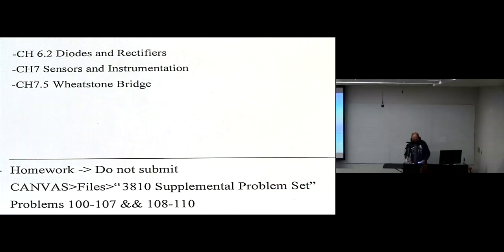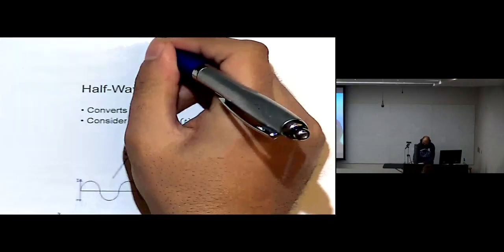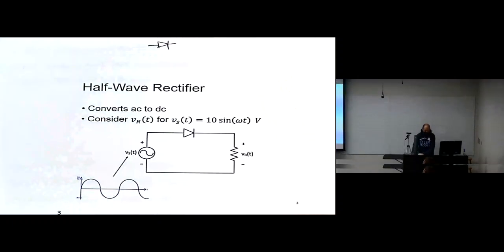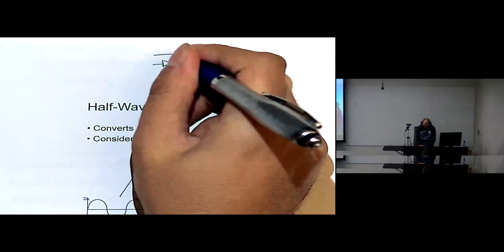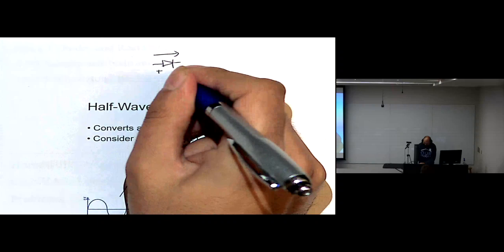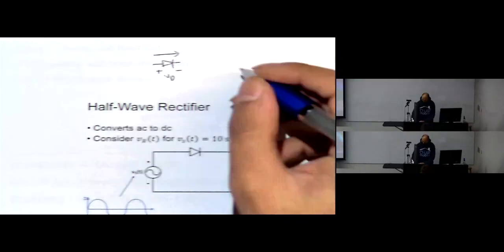Now let's recall that the diode is only allowing the current to flow in one direction, which is this direction. And the polarity: this one is the positive, this is the negative. So we have two cases.